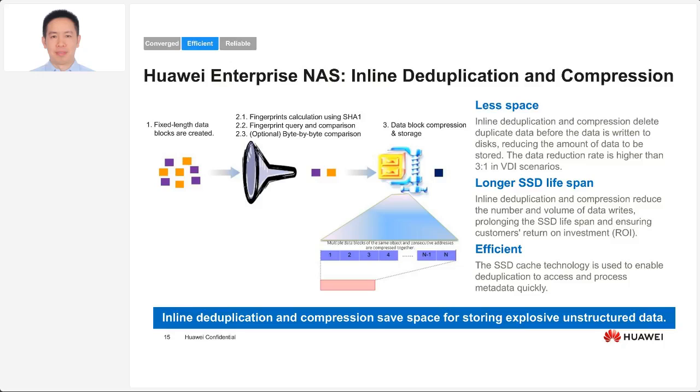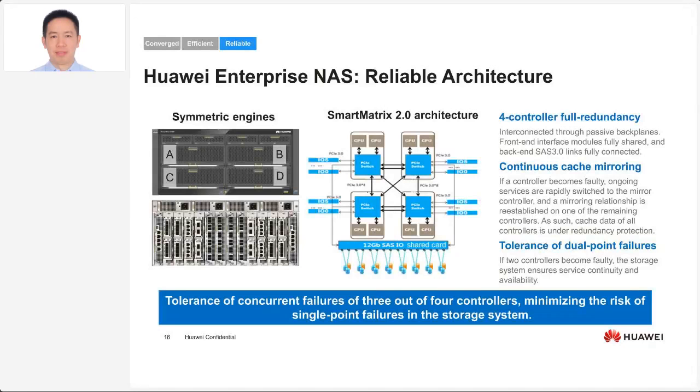It's a very clear picture showing inline deduplication and compression saving space for storing the explosive growth of unstructured data in some of those scenarios. And for sure, later we have different scenarios and use cases to show you the details.